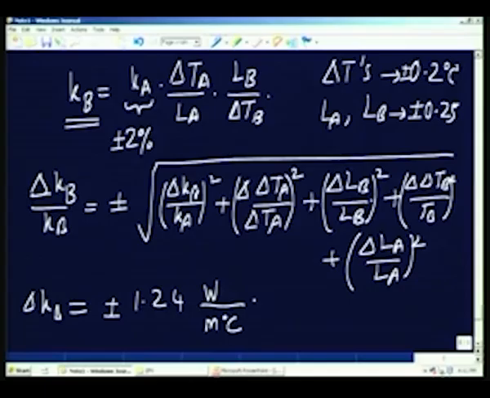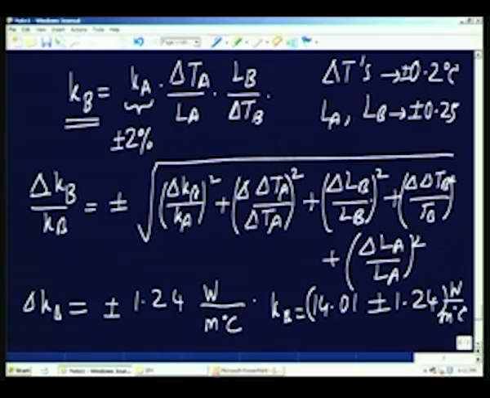So, the uncertainty in the value, therefore, you see that we can say that Kb equals 14.01 plus or minus 1.24 watts per meter degree Celsius. That is the error bar in this particular problem. The error is about 9%, roughly 9%.